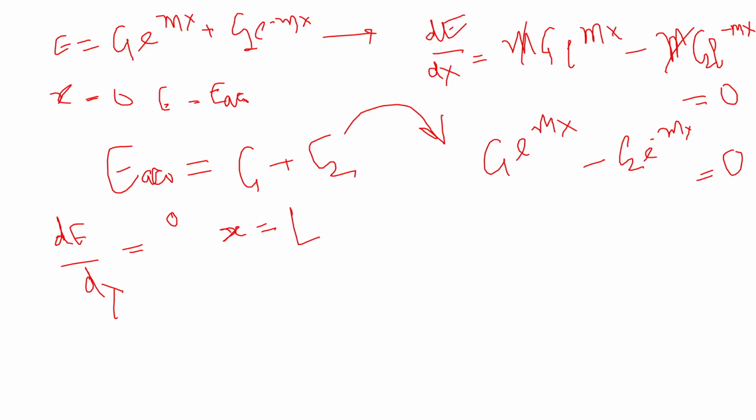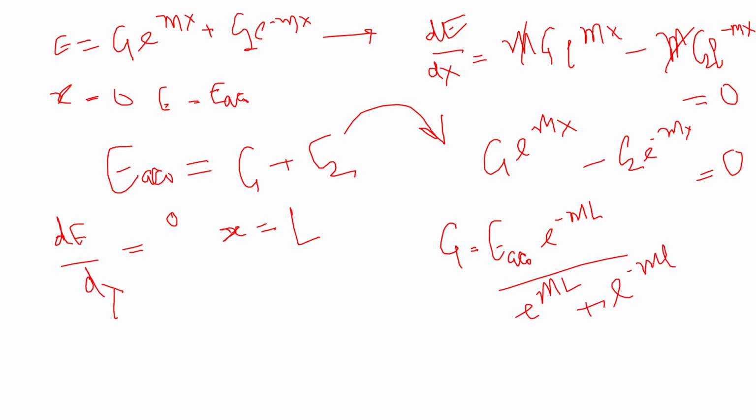Anyone has got? So once you do this, you will get C1 as EAC naught minus ml, okay, and C2 will be EAC naught minus C1.